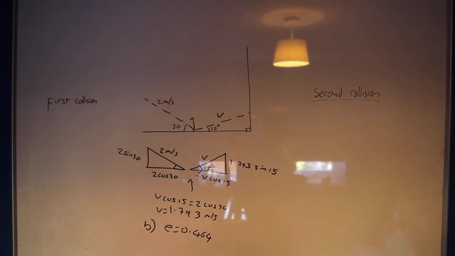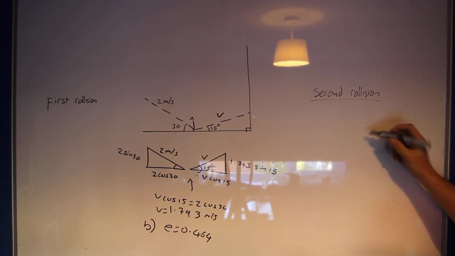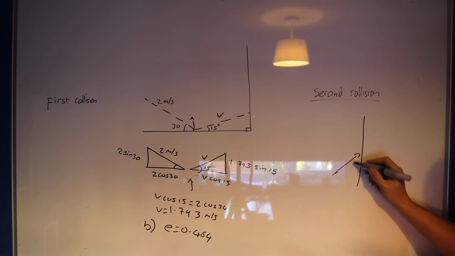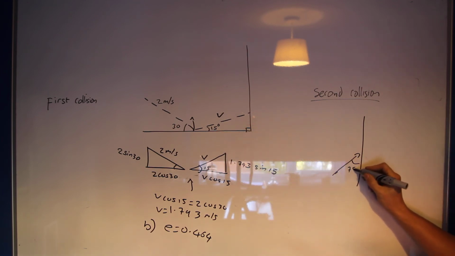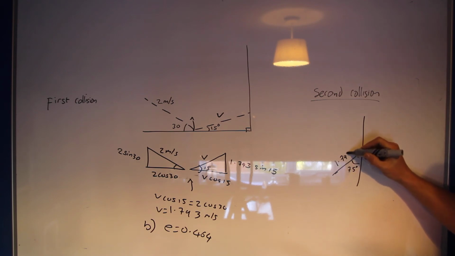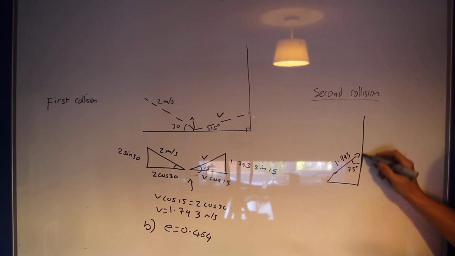Right, then moving on to part C. It basically wants us to calculate the speed after the second collision. So we've got this coming in here. We know what this angle is because that's 90 degrees. That's 15 degrees, which means that's 75 degrees. And we know the speed is 1.793. So all we're going to do is split it into the component vectors.